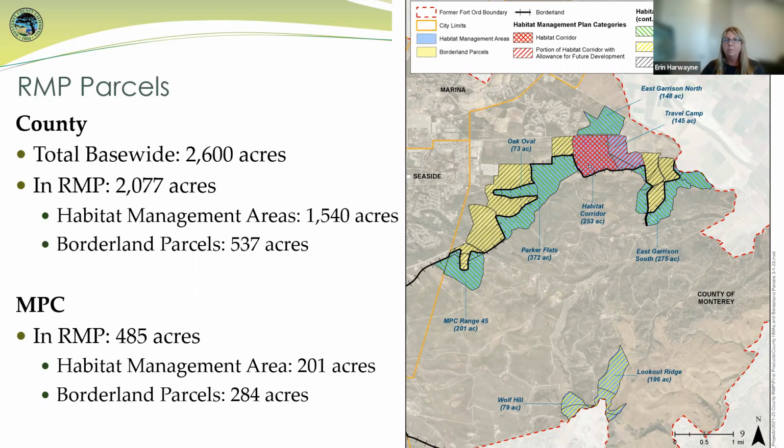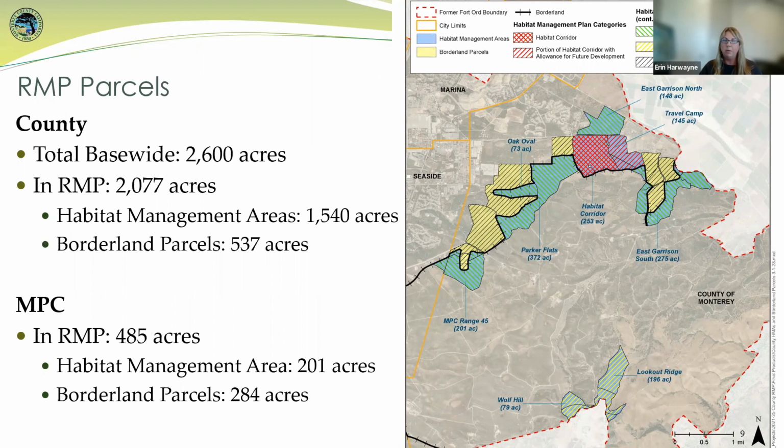Basically, these green areas that you see are habitat reserve parcels. They have very specific requirements in the HMP, with minimal development allowed, if any. The purpose of the yellow borderland parcels is interesting.